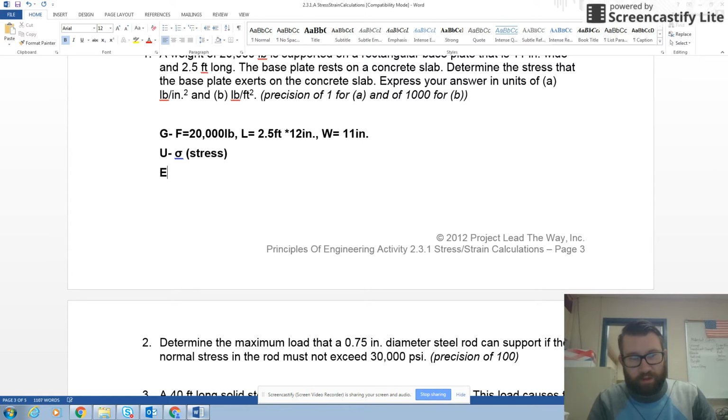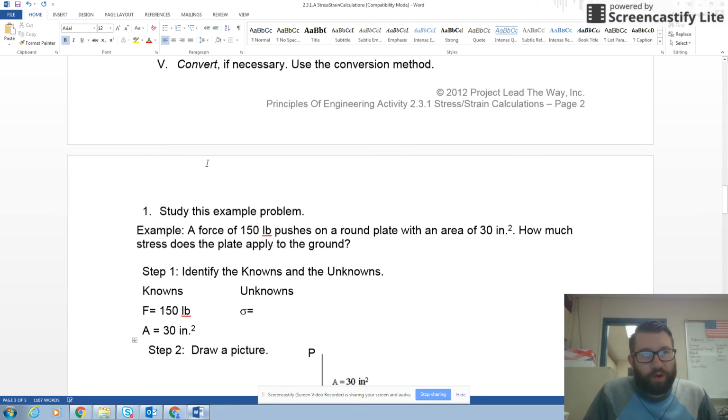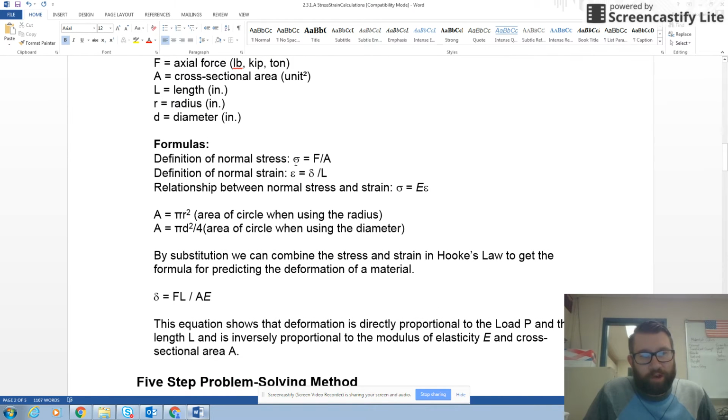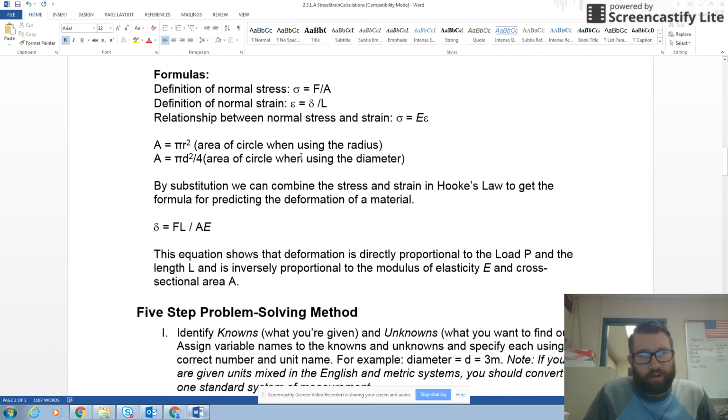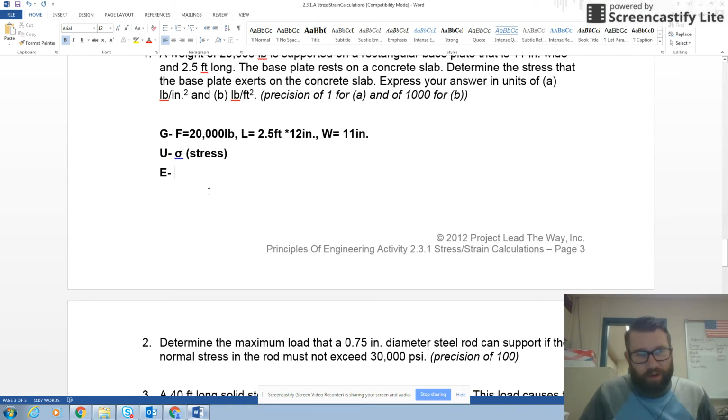Next thing we're going to do is figure out what equation we're going to use, the E of the GUESS method. So if I want to find stress, again, I'm going to go to my equations up here, and it says normal stress sigma equals F divided by A. So that's the one that I'm going to use.